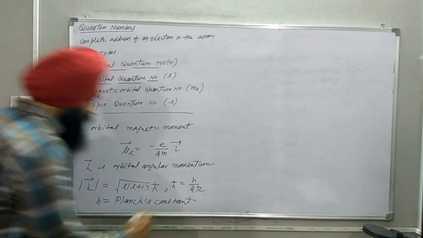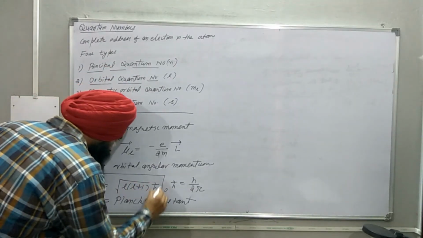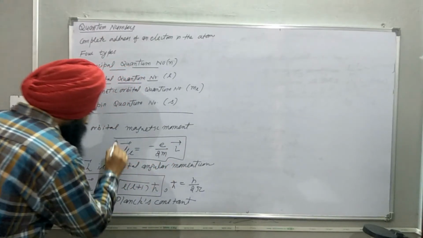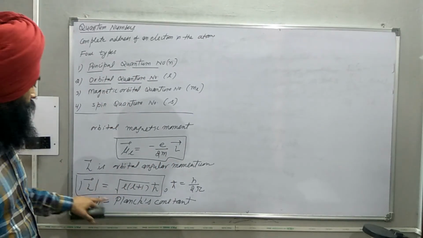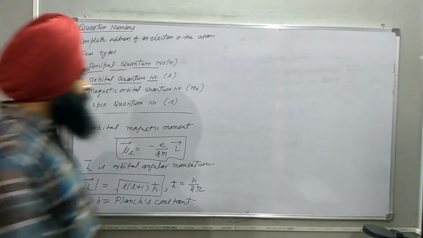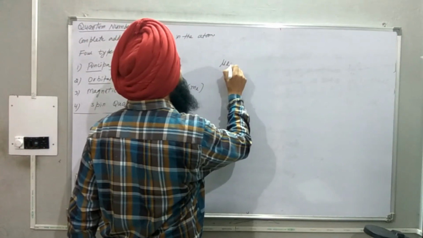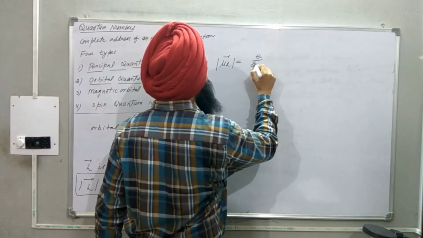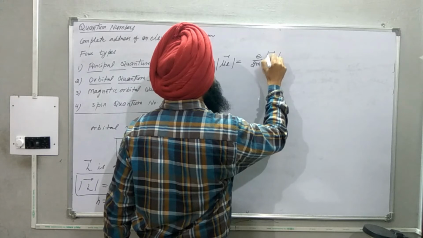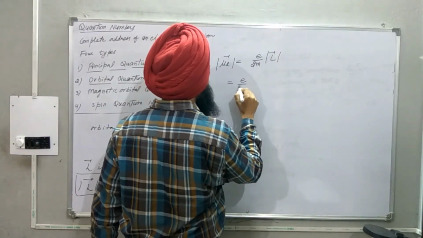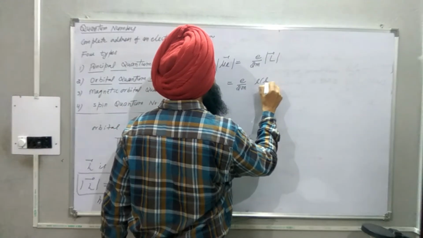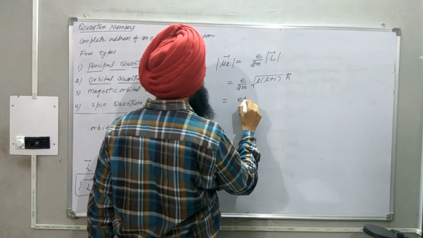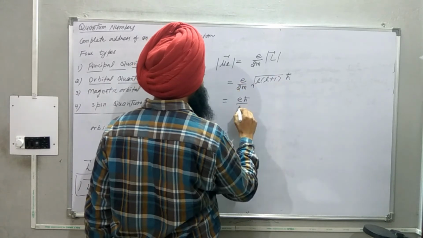The value of L is connected by this relation and the value of mu L is connected by this relation. If I take the magnitude of mu L, we have e upon 2m into L, or we can put h cut here with this.